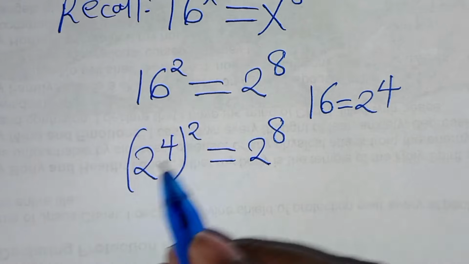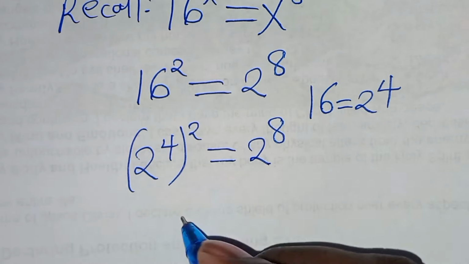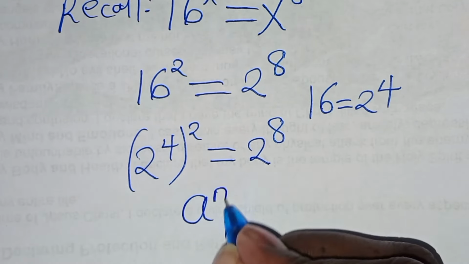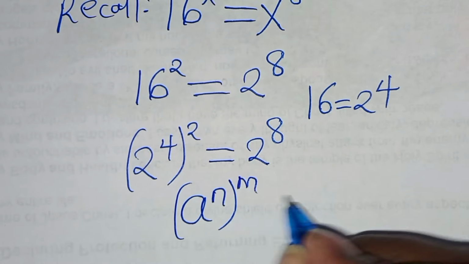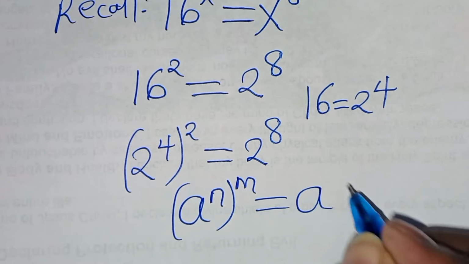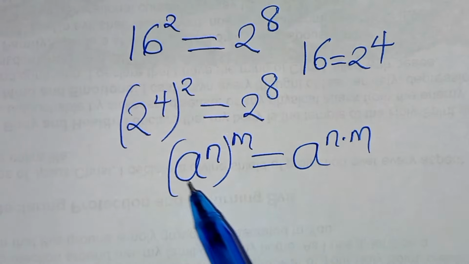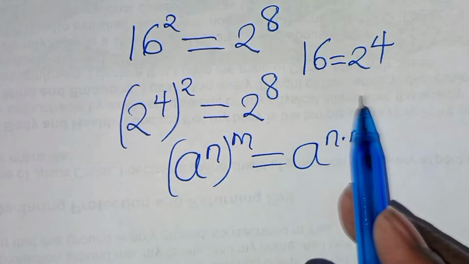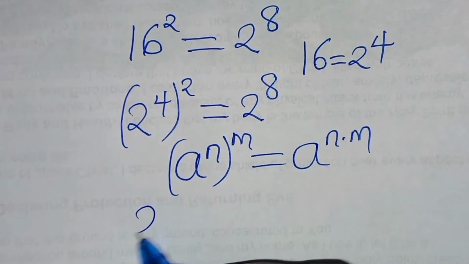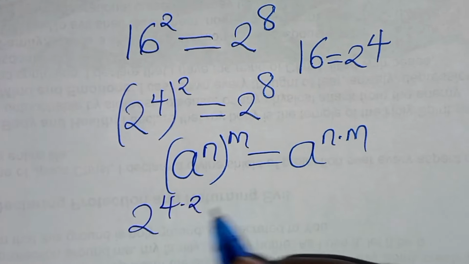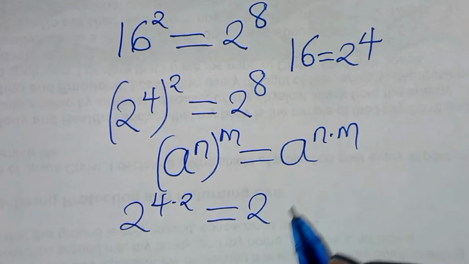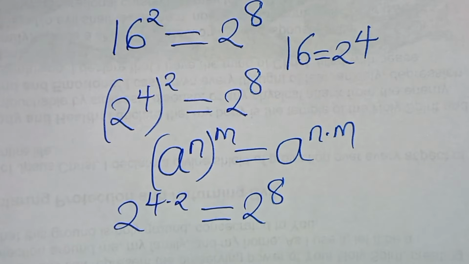Now, you find that 2 to the power of 4 raised to the power of 2 is in the form of a to the power of n raised to the power m, which you can express as a raised to the power n times m. Applying this exponent property from here, we have 2 to the power of 4 times 2 equal to 2 raised to the power of 8.